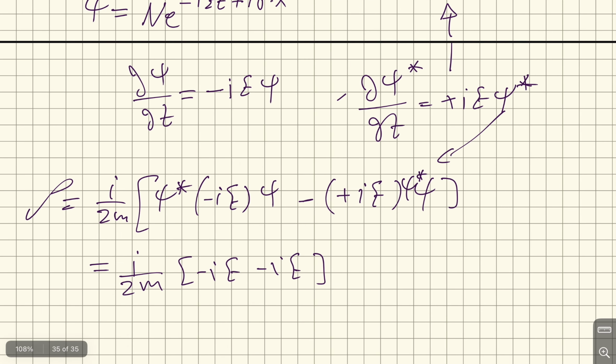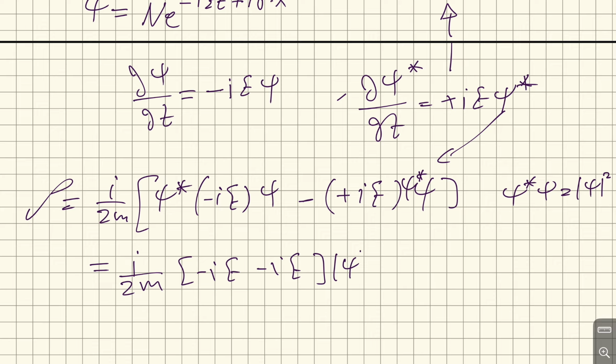Now if we factorize, psi conjugate psi is the square modulus of psi, remember?